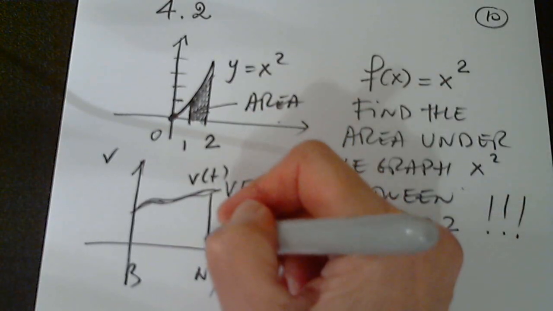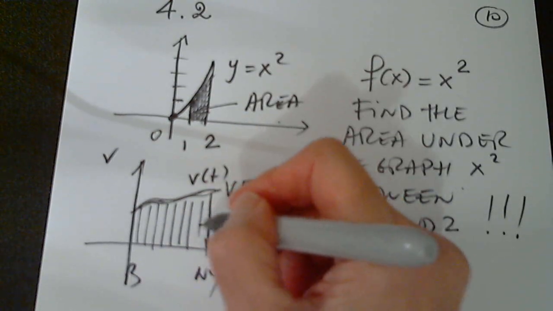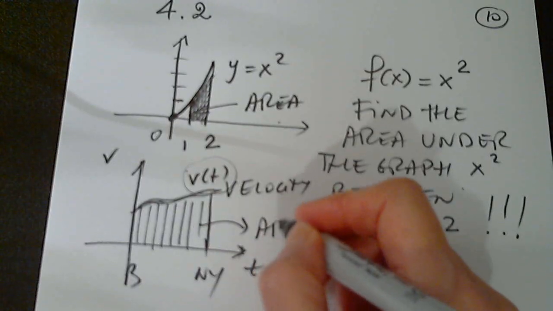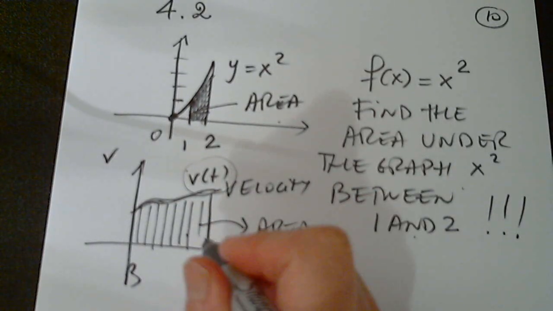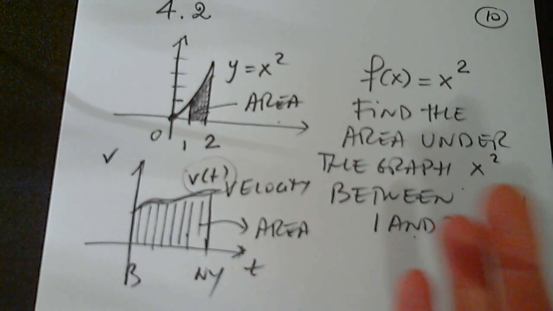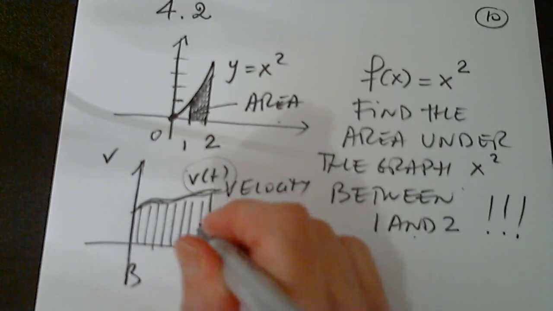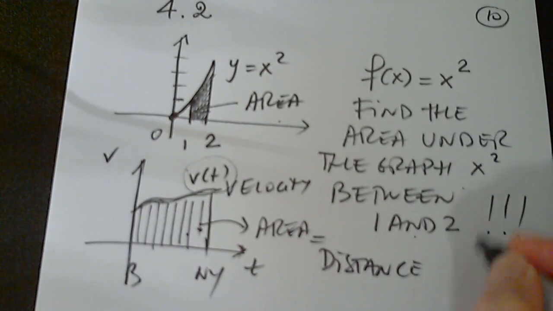If I determine this area under the graph of the velocity function, the number, because it's an area, is going to be 5, 10, 200, 500, whatever. If I find this area, I found the distance covered.